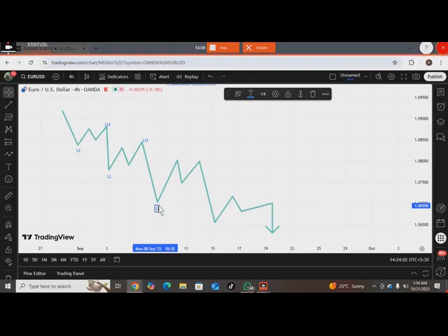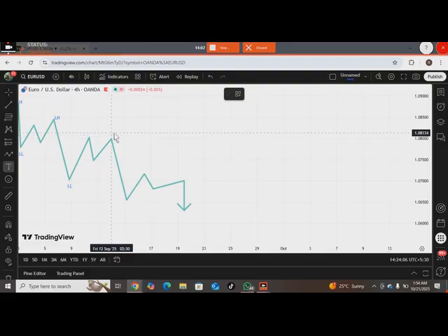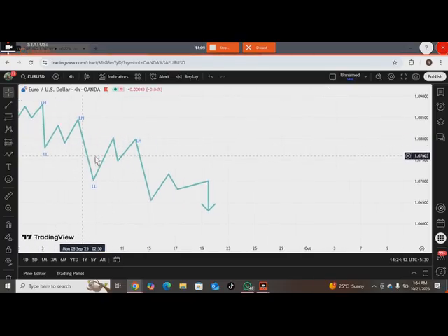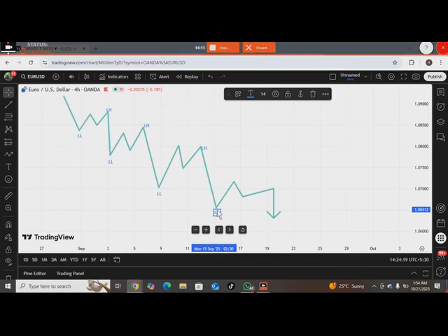Also, this is a low, and this is a lower high. That is a lower high. This is a low, and this is a lower high.